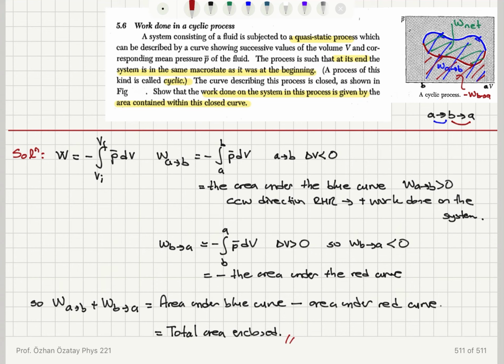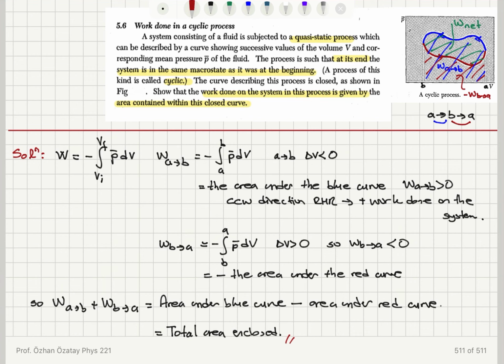And W from B to A, on the other hand, is minus the integral from B to A of P bar dV, where delta V is positive, so the work is negative, so it is minus the area under the red curve. So the net work is plus the area under the blue curve minus the area under the red curve.